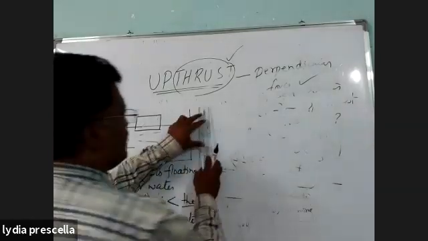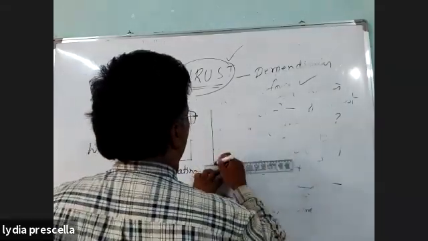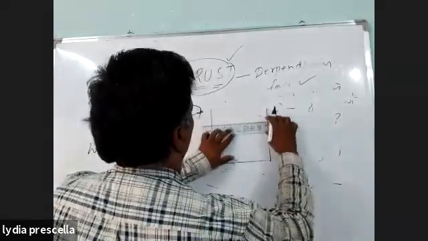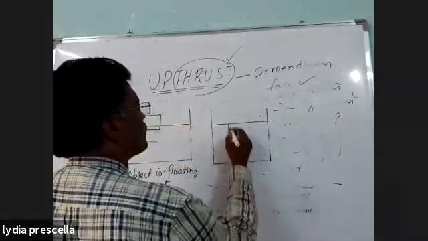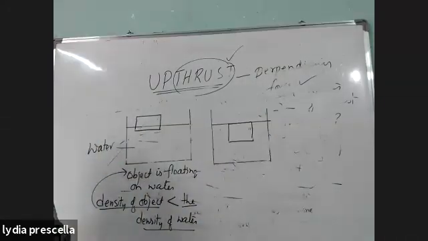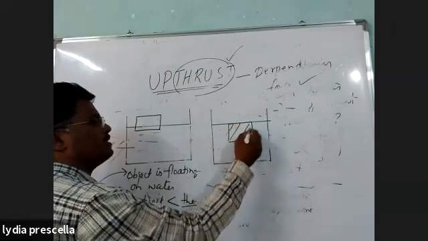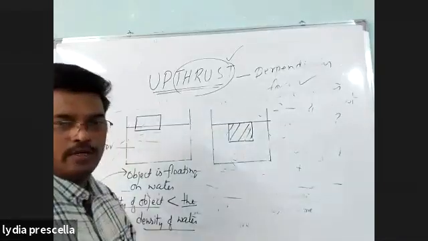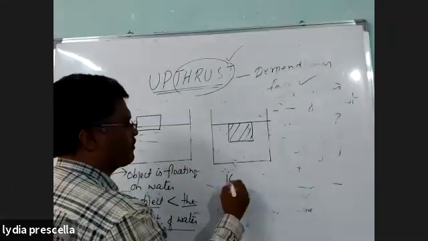Now the second condition is like this. This is the liquid and this is the object, and the object is just on the surface of the liquid. It is not coming down. For example, ice.